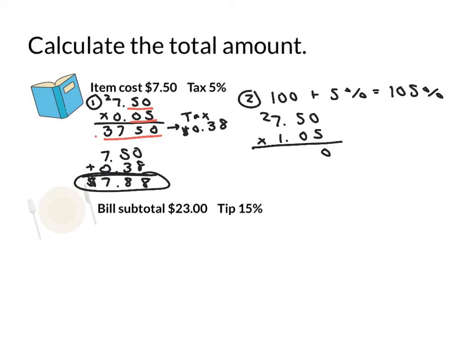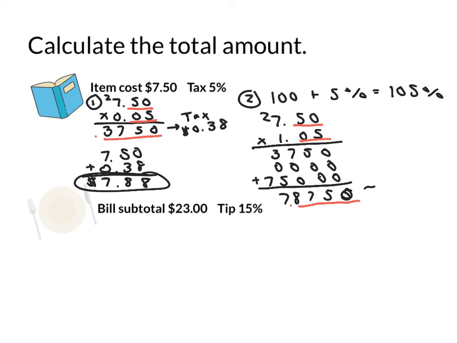And then we multiply. We have 4 digits to the right of our decimal, so we're going to make sure we have 4 digits to the right of the decimal. The cost of that book is $7.88.